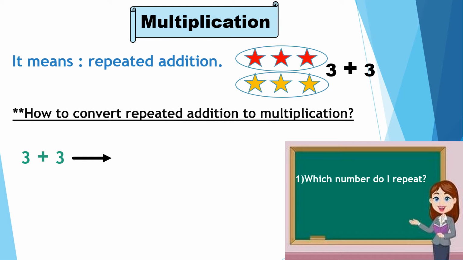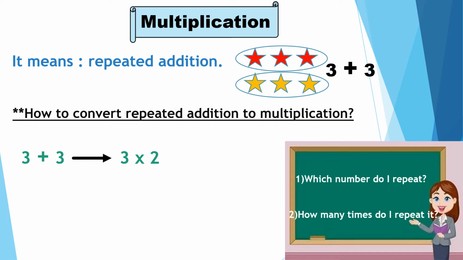I repeated 3. How many times do I repeat 3? 2 times. We said 3 plus 3. So the repeated number is 3. We repeat 3 2 times. So it's 3 times 2.